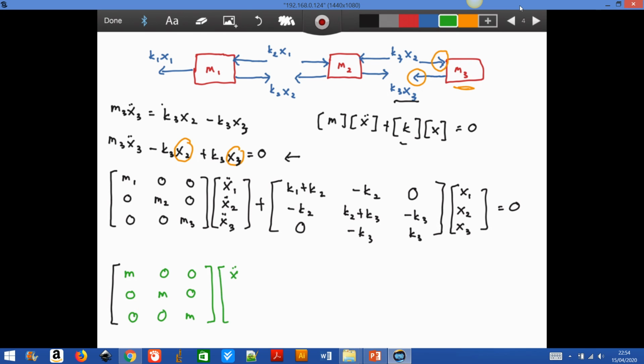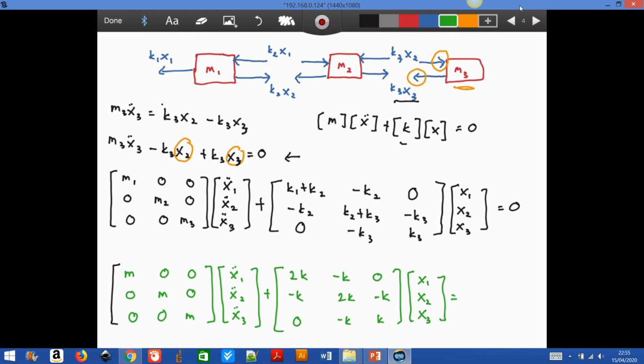That becomes x double dot 1, x double dot 2, x double dot 3, plus, we know that k1 and k2 both are k, so k plus k is 2k, minus k, 0, minus k, 2k, minus k, 0, minus k, k, times x1, x2, x3 equals 0. Right, so this is the equation of motion in matrix form.